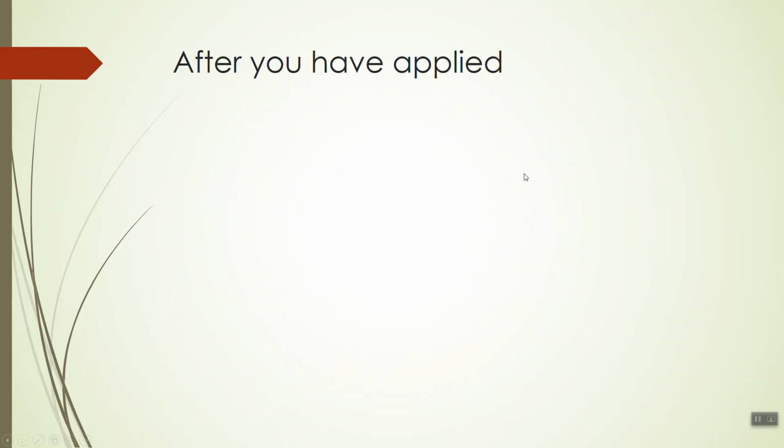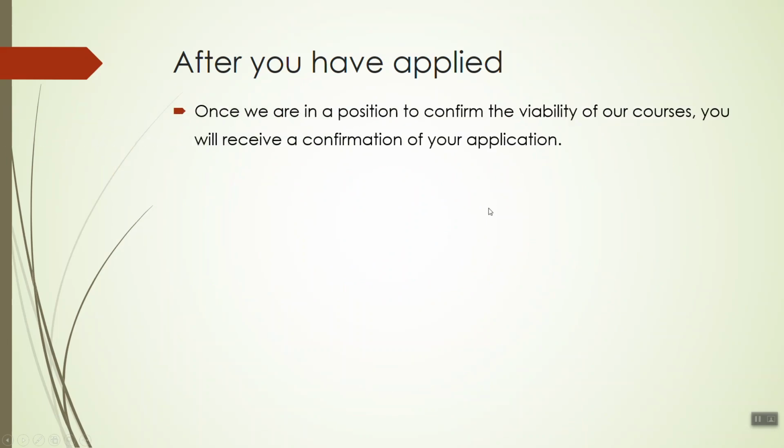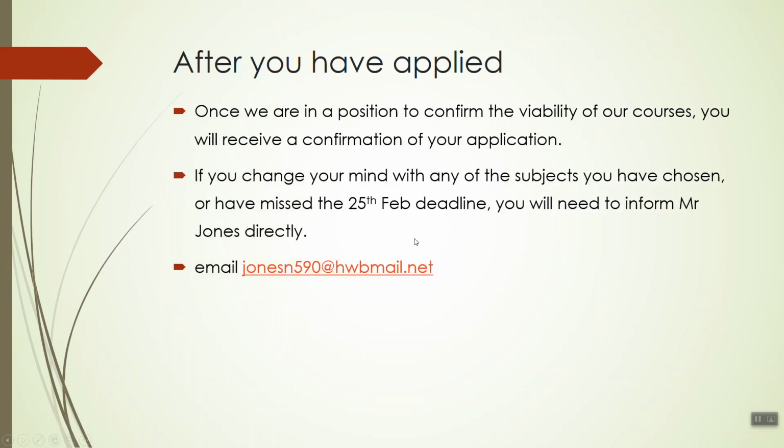Once the application has been made, then I will email you to confirm what you've applied for and whether or not that is viable. So late in February, early March, you'll get an email from me just clarifying what you've applied for.